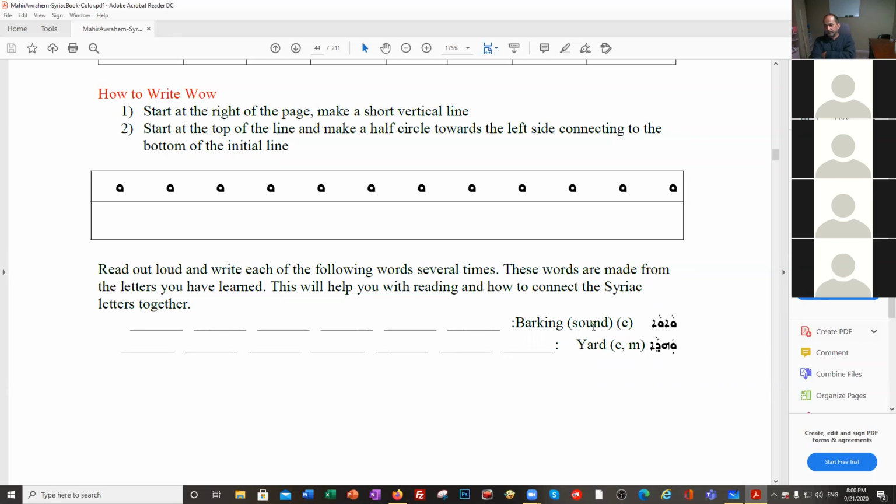Yard. Is it wada? I'm sorry, what, Faith? Is it wada? Because isn't the Dalith making the th sound? Yeah, that's right, but the first part of the word you say is not quite right.